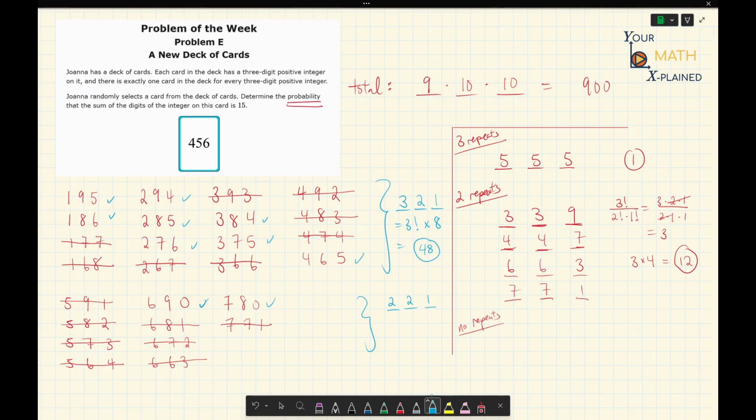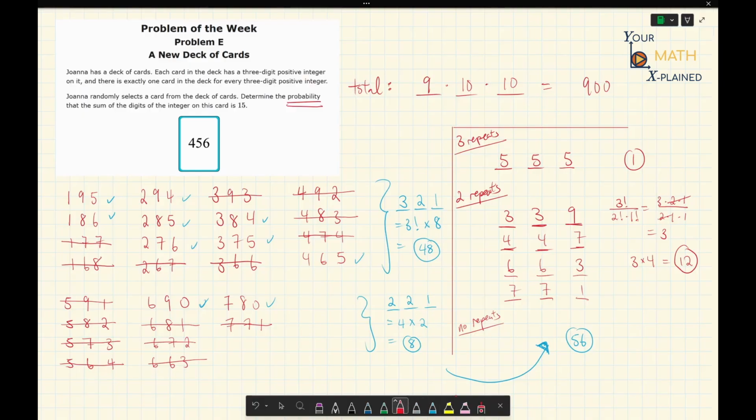This is going to give us 4. And because there are 2 sets of triplets, 690 and 780, I can multiply this one by 2, and that'll give us 8 additional possibilities. So for the no repeat section, which is all this stuff in blue, that is going to be 56 possibilities.